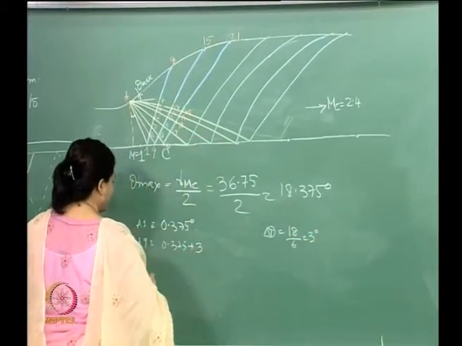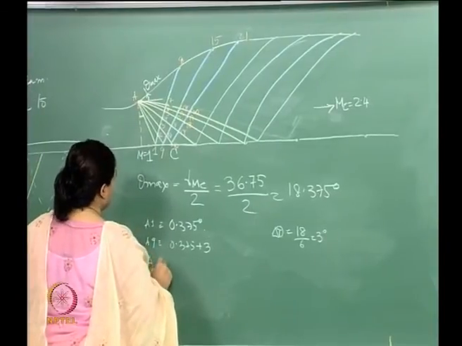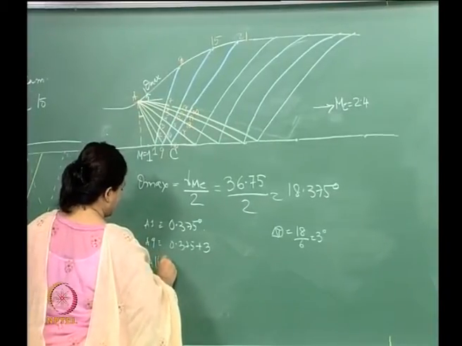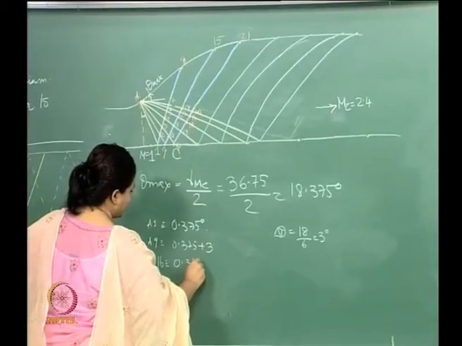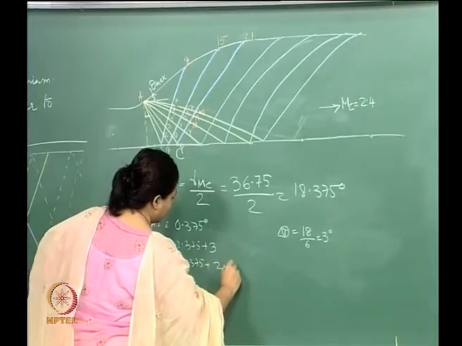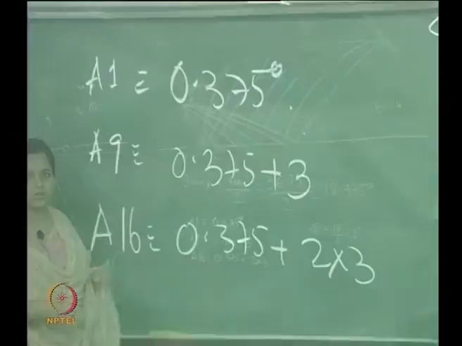Then A9 has theta of 0.375 plus 3, A16 becomes 0.375 plus 2 into 3, and so on and so forth.